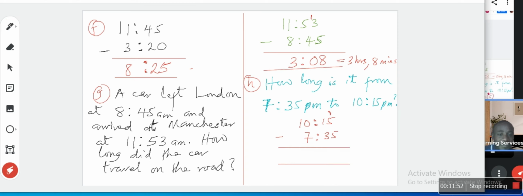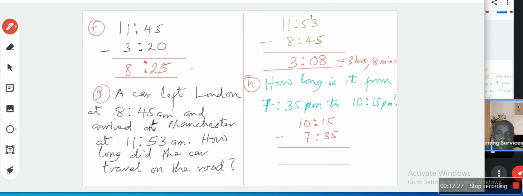15 is smaller than 35, right? Come to 10 and collect 1. So when you get to 10 and collect 1, you will be left with what after you've collected 1? 9.